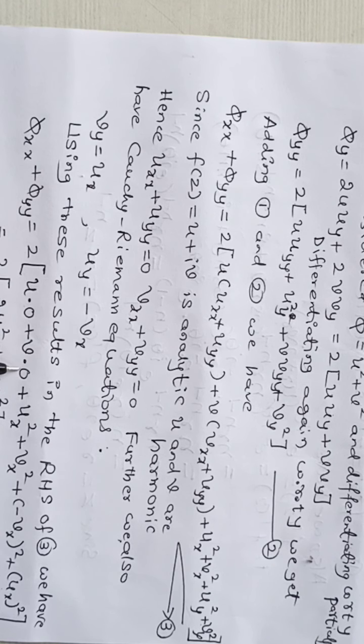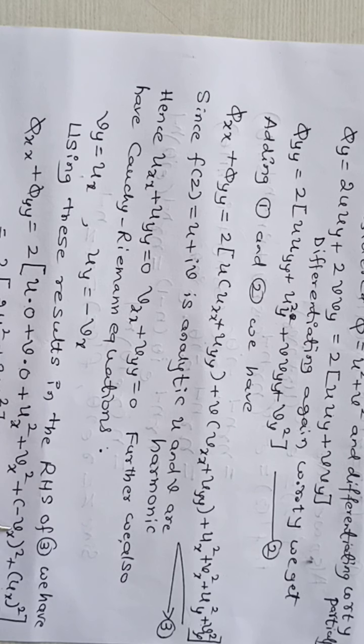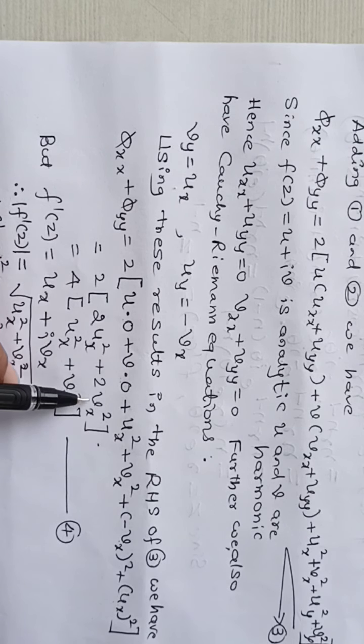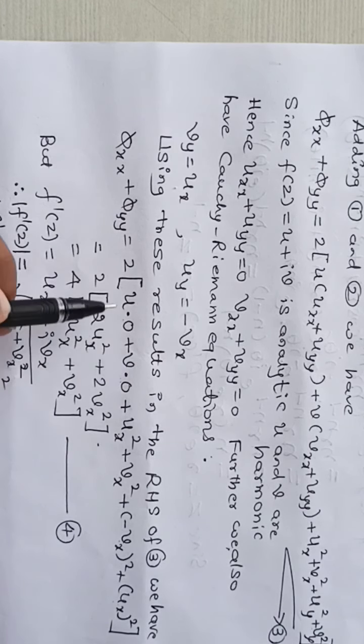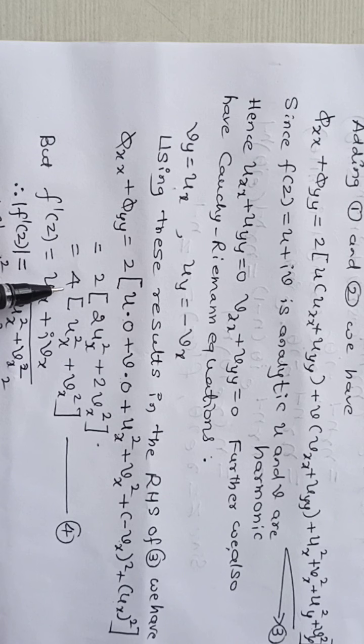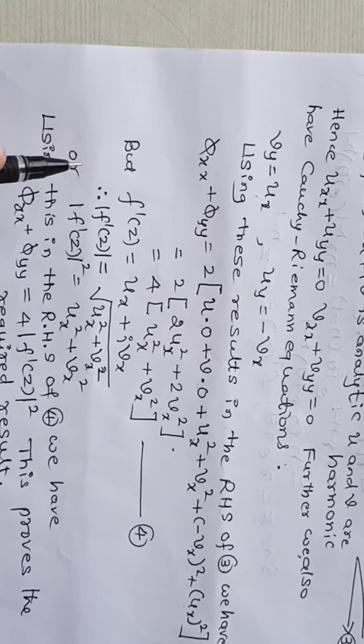So we get the terms 0, 0, ux² and ux², vx² and vx². Taking 2 common outside, 2 into 2 is 4 (ux² + vx²). Call this equation 4.